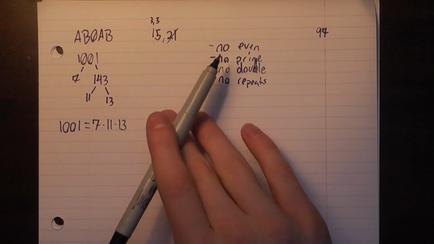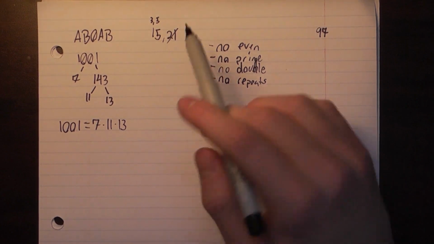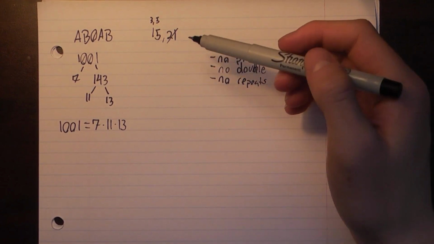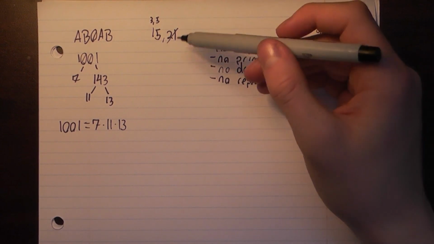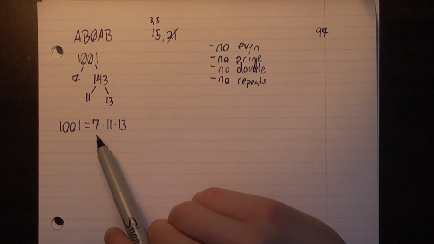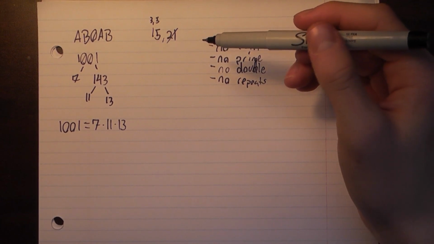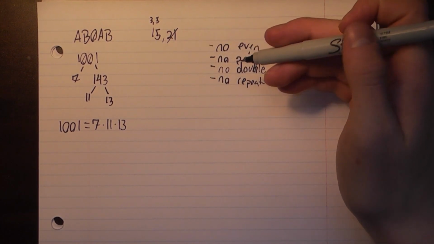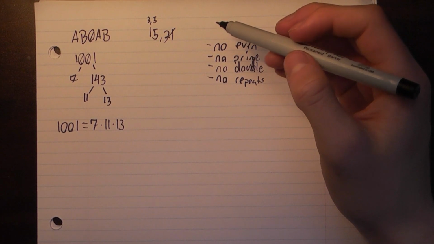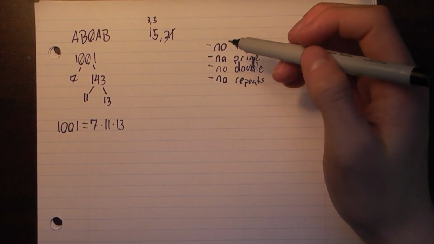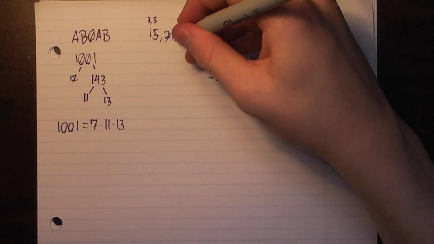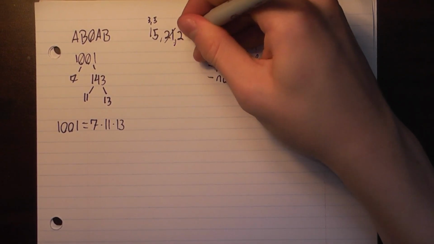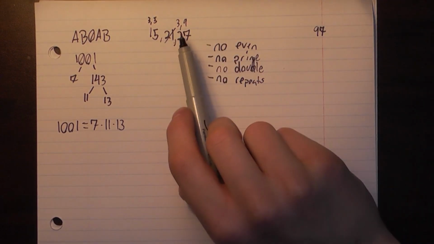So since there's no even numbers, I'll just count by odd numbers, so starting with 17. 17 is a prime number. 19 is a prime number as well. 21 we went over has a divisor of 7. 23 is a prime number. 25 is only divisible by 5 and 5, which is a repeat of itself, so that doesn't work. So 27 is our first possible answer after 15, which is divisible by 3 and 9.